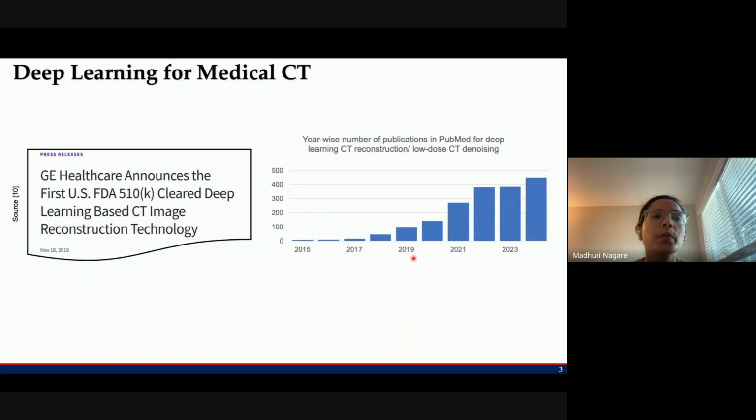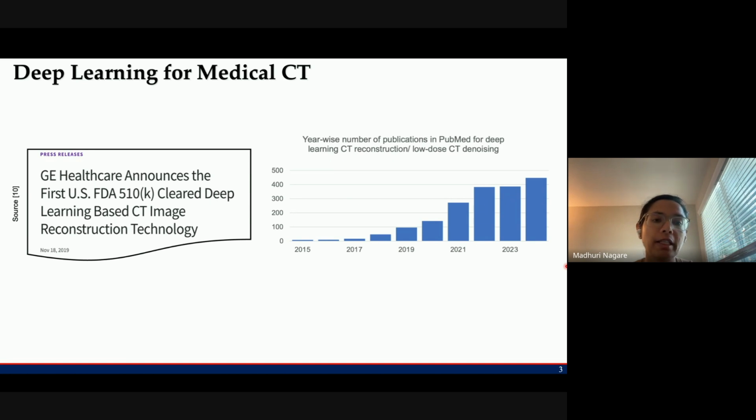Deep learning has touched everything, and it has also touched medical CT. It has been around for medical CT for years, as you see on the right graph, but it got its first FDA approval for a commercial CT scanner in 2019.